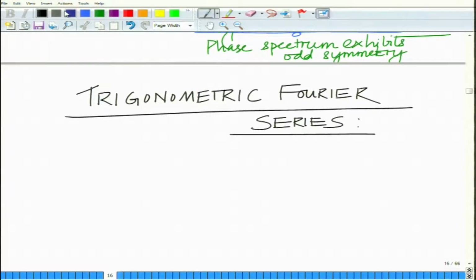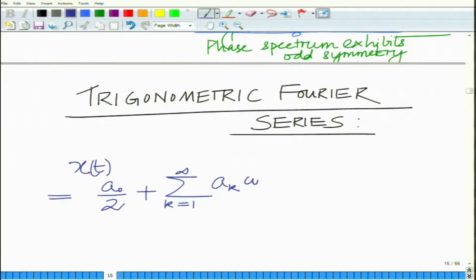And this is simply as follows: if I have the signal x(t), which is a periodic signal, that can be represented as a naught over 2 plus summation k equals 1 to infinity of a k cosine k omega naught t plus b k sin k omega naught t. Okay, this is the trigonometric Fourier series.